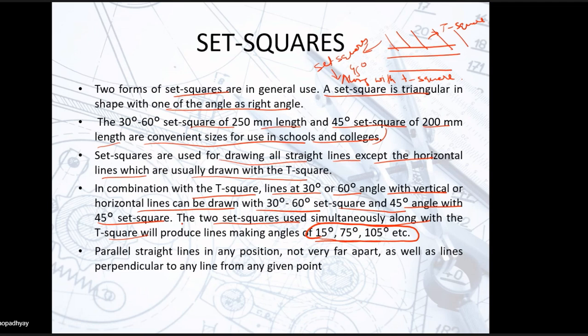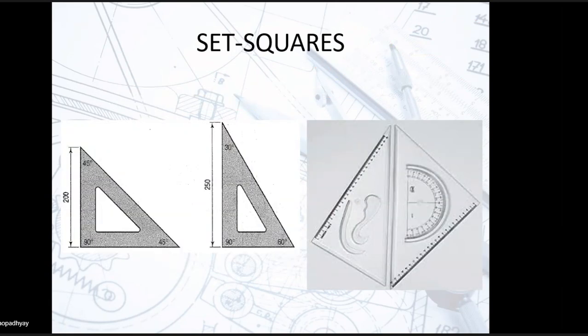Now parallel straight lines in any position not very far apart, as well as lines perpendicular to any line from any given point, can be drawn using a set square. So here you have the example of the set square.